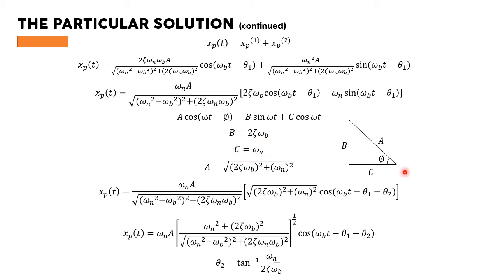From the Pythagoras theorem, as you can see on this triangle, a becomes this expression. So these cos and sine terms can be simplified into a single cos term with the inclusion of another angle theta 2. As you can see, this particular solution has been simplified. Two separate particular solutions have been combined into a single particular solution, and theta 2 is given as this angle. So we have obtained our final particular solution of the differential equation, which we saw on the previous slide.